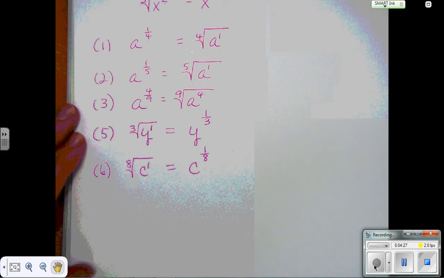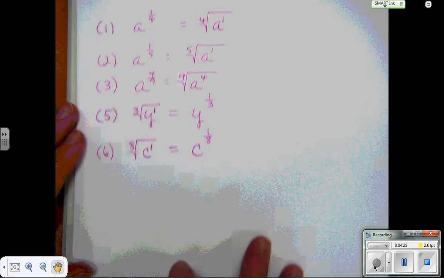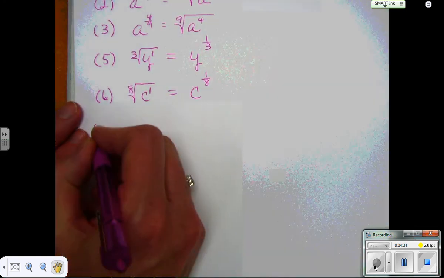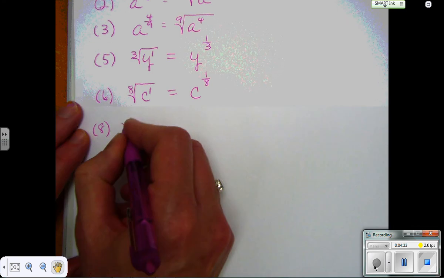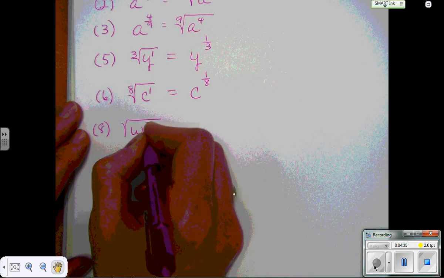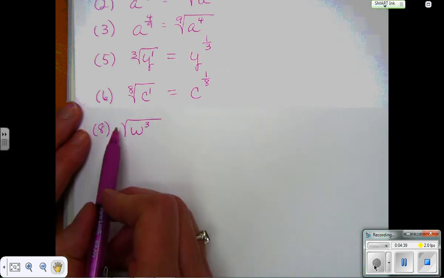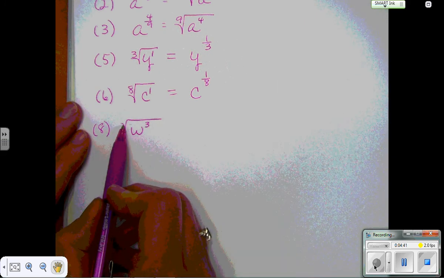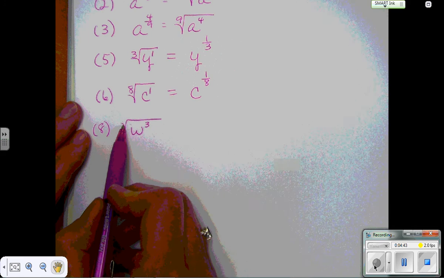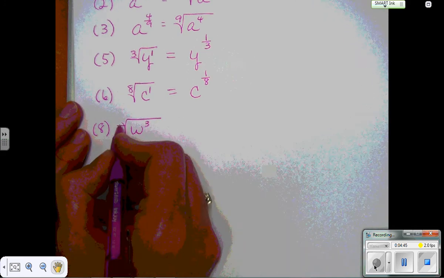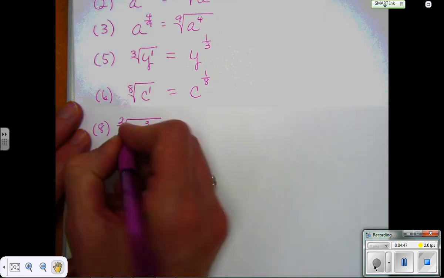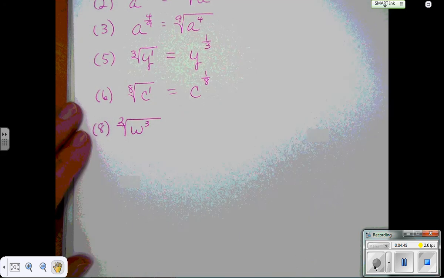So let's look at number 8. On number 8, you have radical w to the 3rd power. But there's no index. There's not a number written that tells you what the root is. So since there's nothing written there, it's understood to be a square root. So you could put a 2 there if you wanted to show that it's a square root.